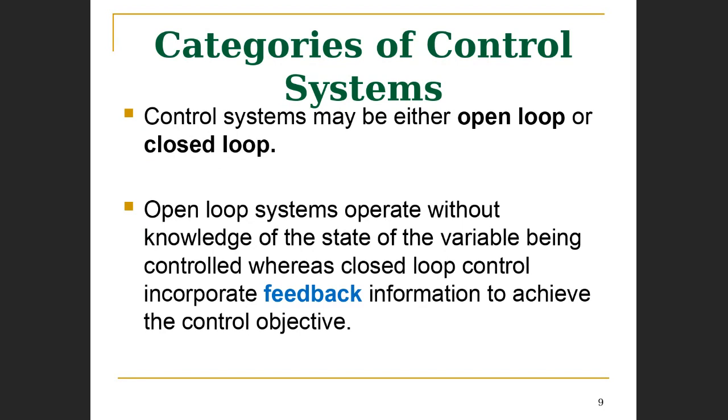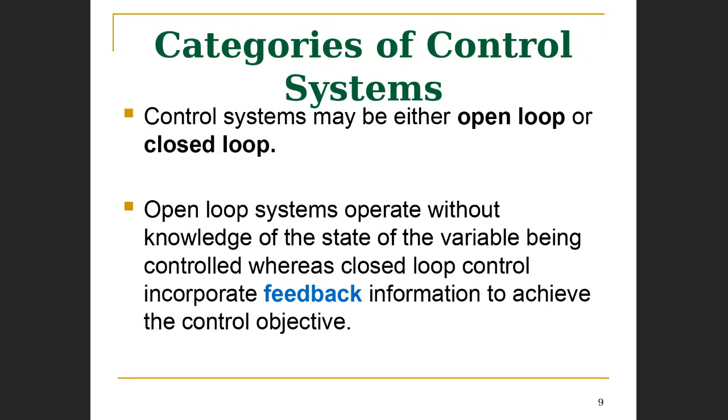So right now I'm going to begin to look at categories of control systems. And categories of control systems help us to better understand control systems and to discuss them in a meaningful way. So right now we're going to be looking at two categories: open loop and closed loop systems.